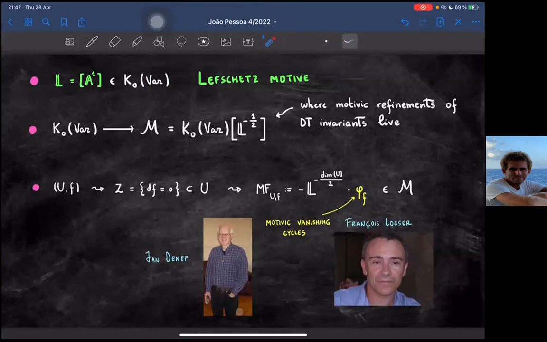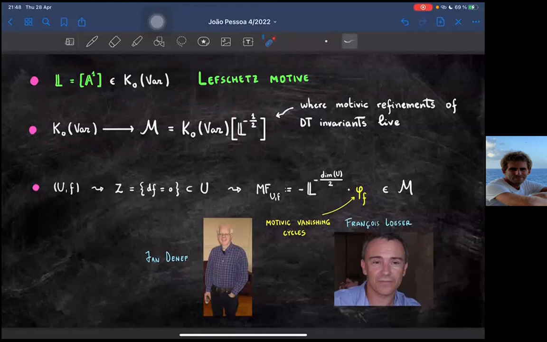In this ring, there is a particular class, which is the Lefschetz motive. It's the class of A1, the affine line. And one can slightly enlarge this ring and make it even more mysterious by adding the inverse of a square root of L. This is where the refinements of the virtual Euler characteristics that we studied live.